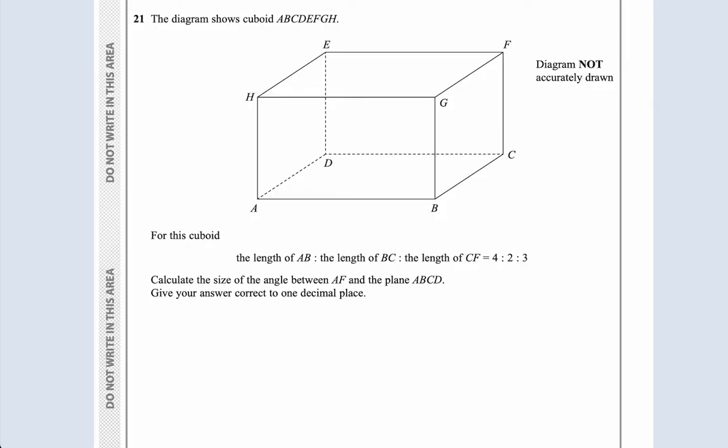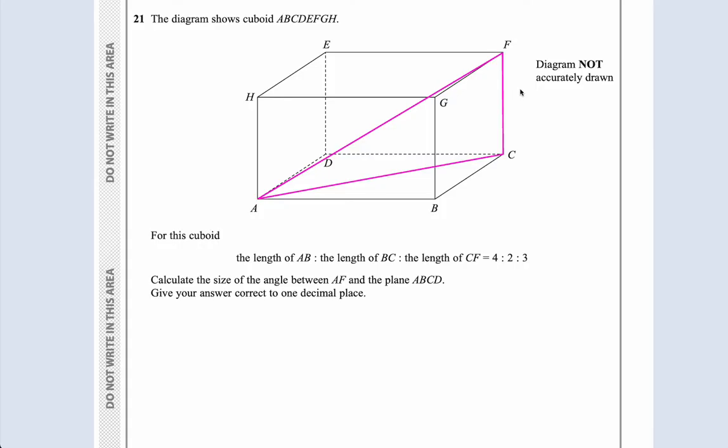So first thing to note is the angle he wants is actually, if I go AF, so imagine I draw a line straight from A to F, and then I'm going to draw a line from A to C, and I'm even going to draw this line up like this.